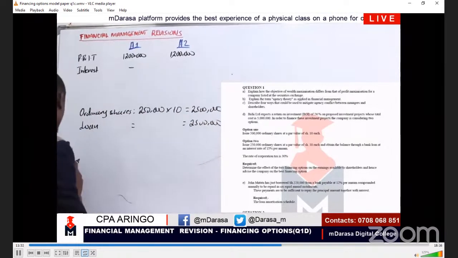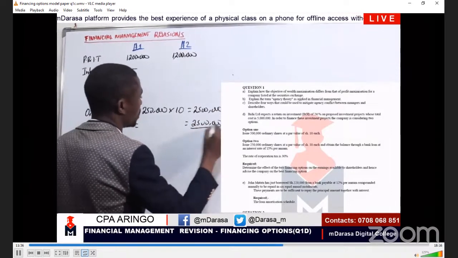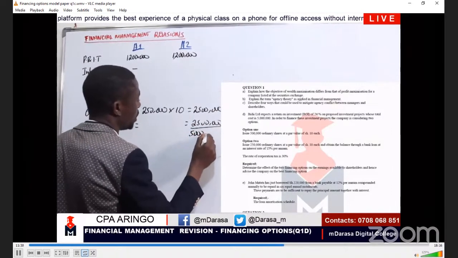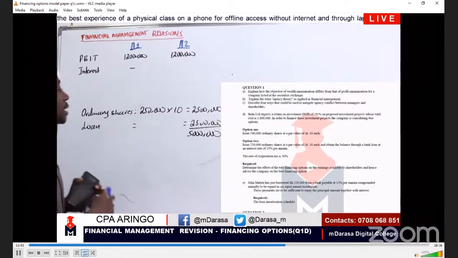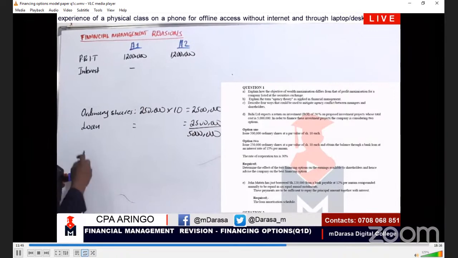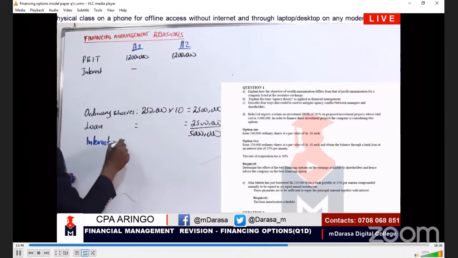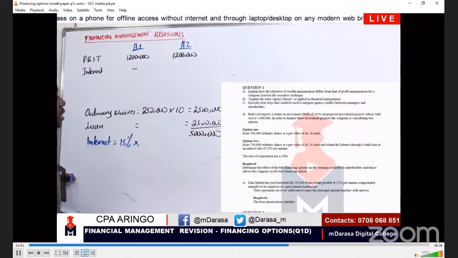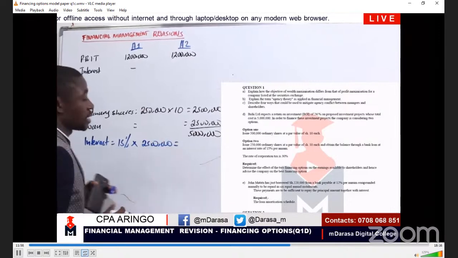For us to attain the 5 million, you are told that this loan of ours will attract an interest at the rate of what? At the rate of 15%, right? So it should be 15% times 2.5 million.